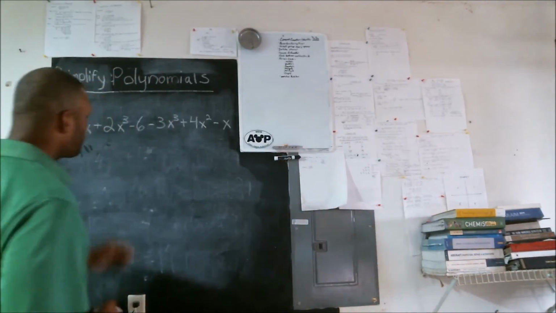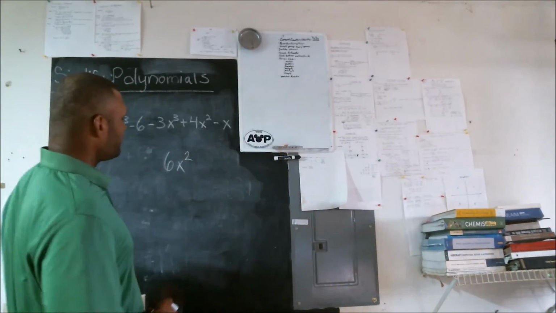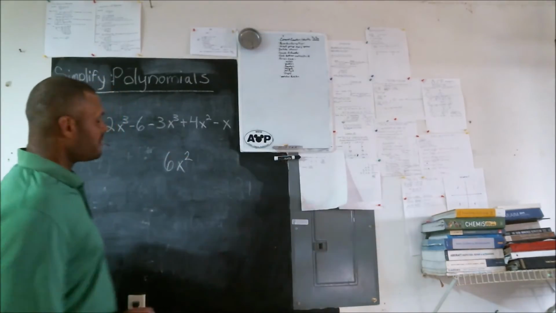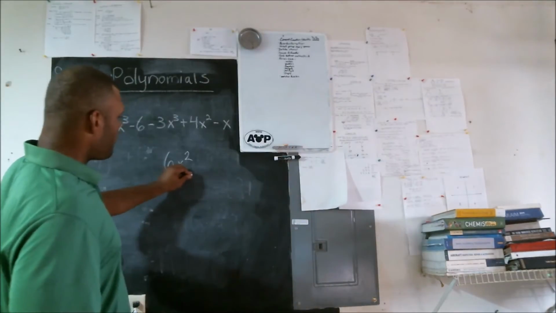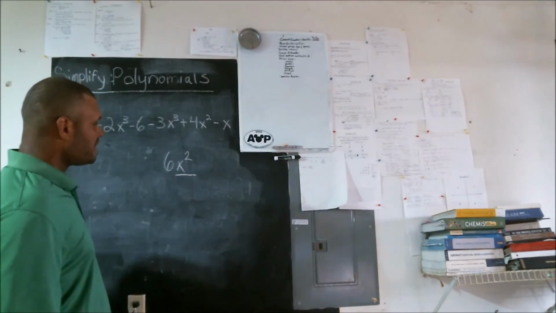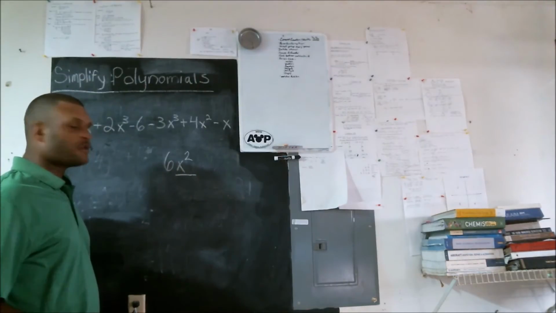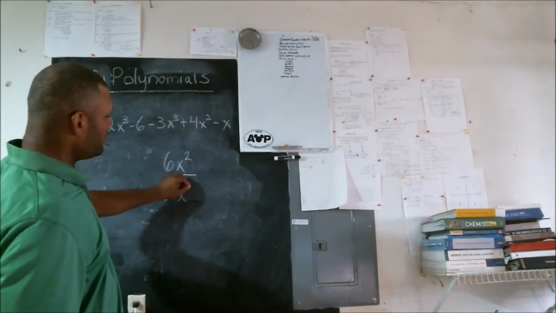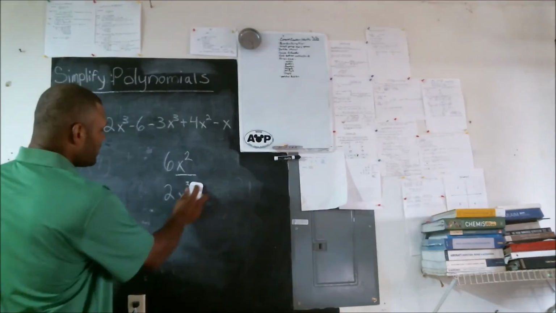So if we have a 6x squared, we'd have to find another x squared to match that 6x squared, because this part of our term defines our term. If we had a 2x cubed, that wouldn't work. We couldn't do anything with that.